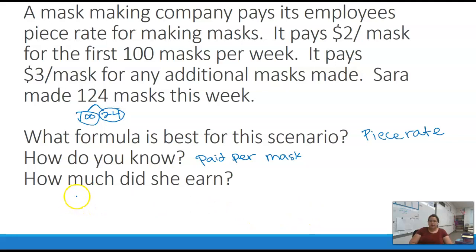To calculate this, she gets paid $2 per mask for the first 100, and then she gets paid $3 for the extra 24. So you type that in your calculator, and you find that Sarah makes $272.